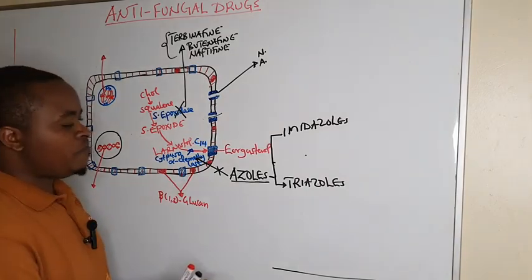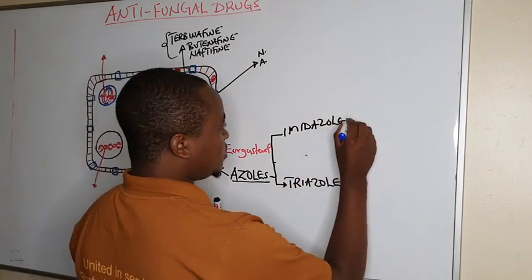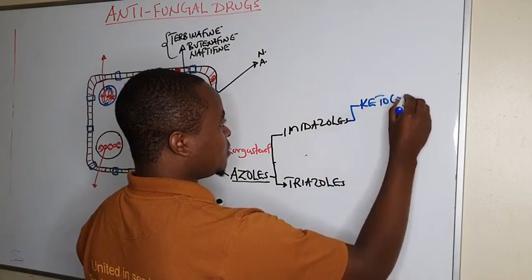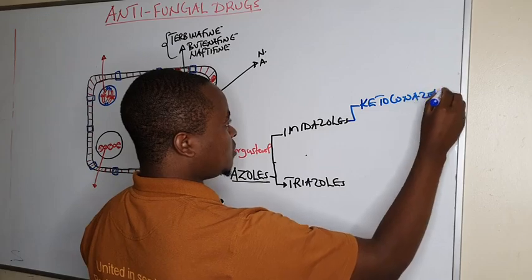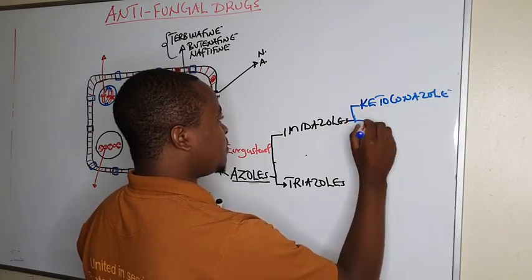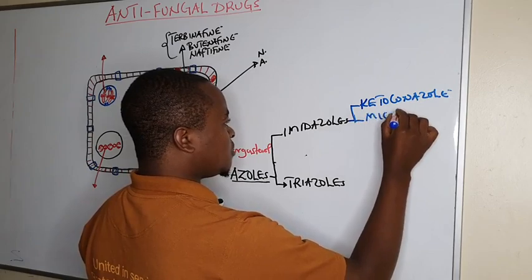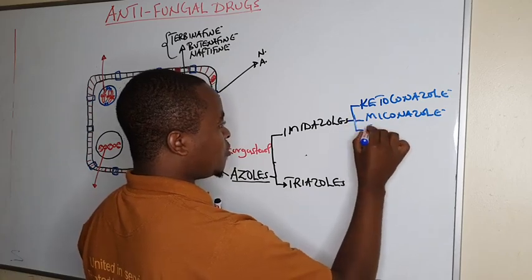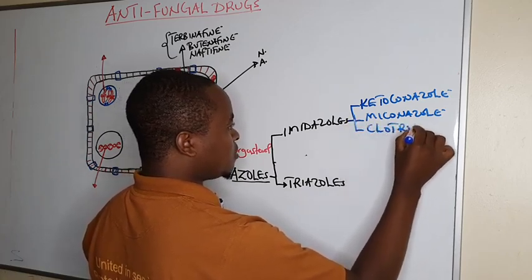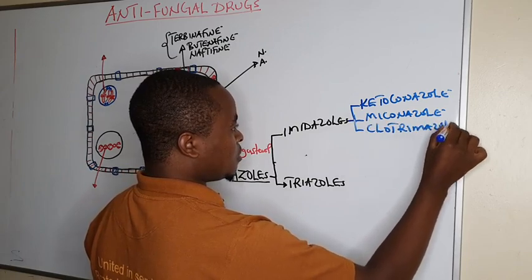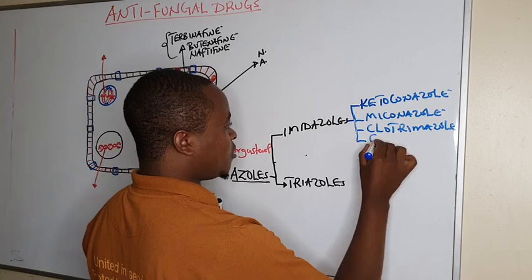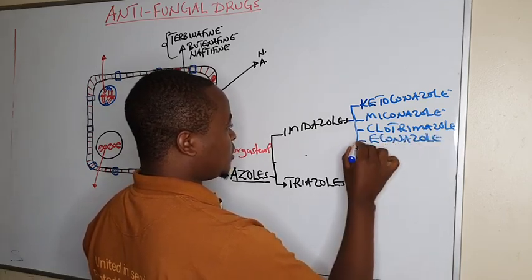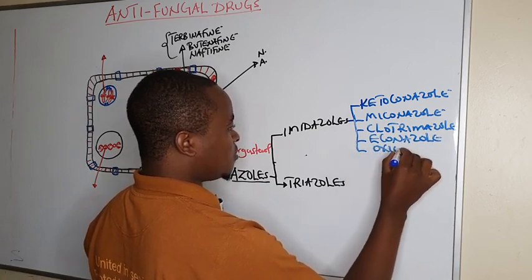And examples of imidazoles include ketoconazole, miconazole, clotrimazole, isoconazole and oxiconazole.